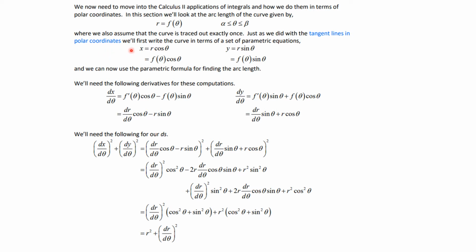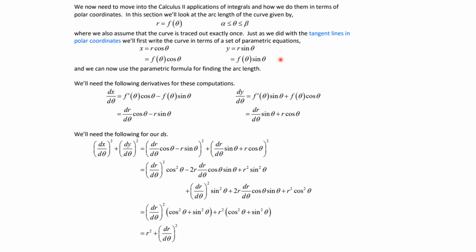But now we go back to the polar coordinates. So we have x is equal to r cosine theta, y is equal to r sine theta, but r is f of theta. So x becomes f of theta cosine theta, and y becomes f of theta sine theta. So now we have x and y parameterized with a common parameter of theta.